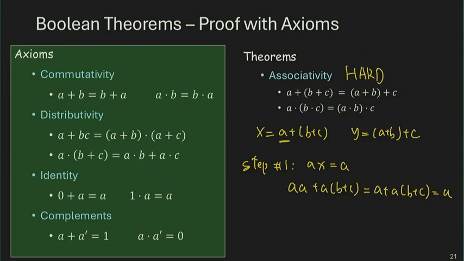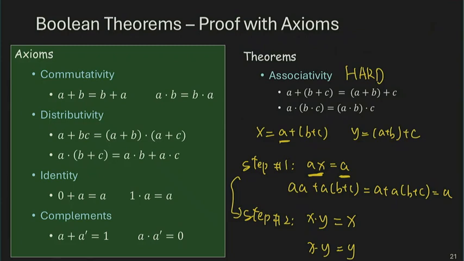So you just proved that ax equals a. And step number 2 would be to prove that x dot y equals x and x dot y equals y based on the result from step 1.